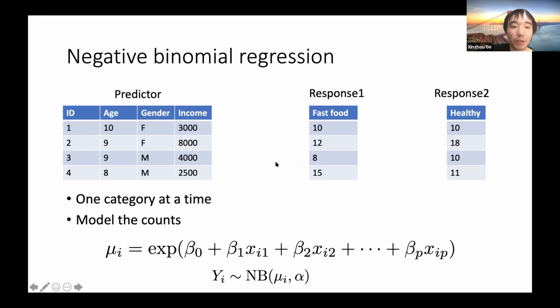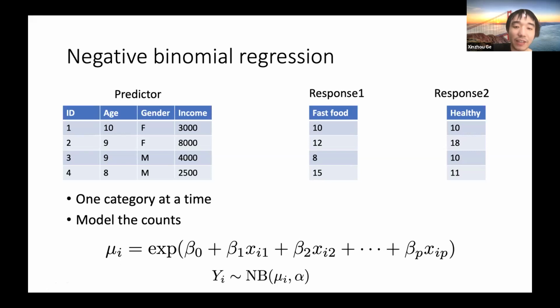And the model for this regression is as follows. First, we assume that for each child i, the count yi follows a negative binomial distribution with mean mu i and a dispersion parameter alpha. Here alpha is called the dispersion parameter.